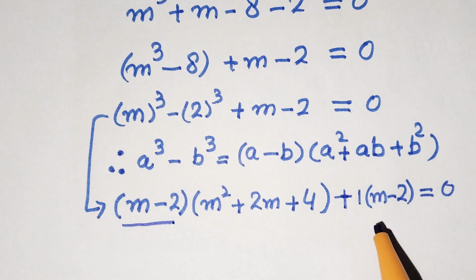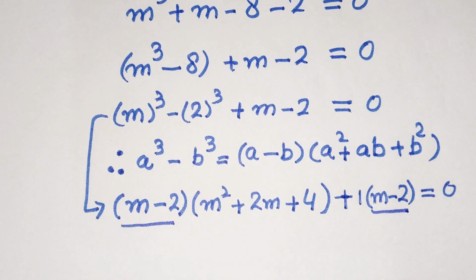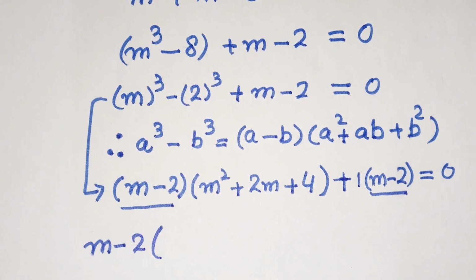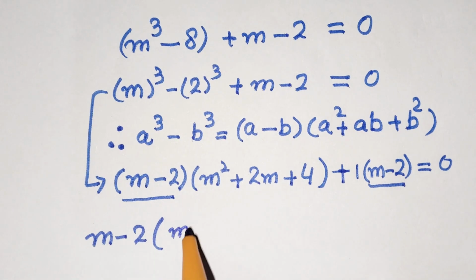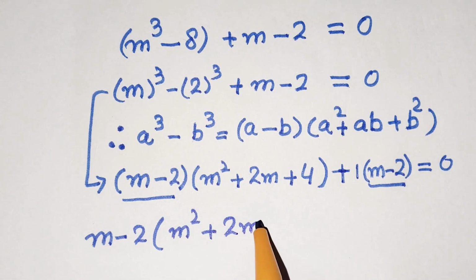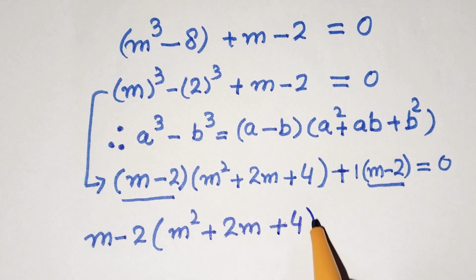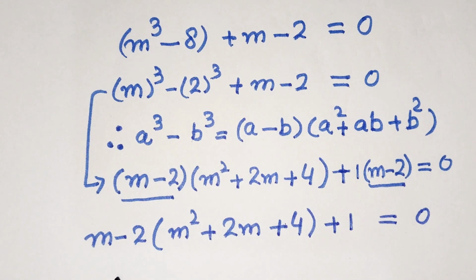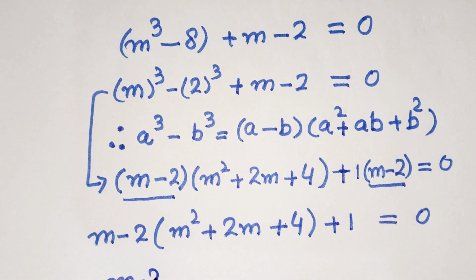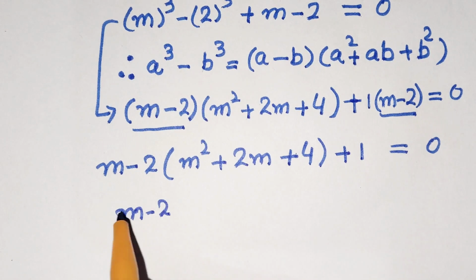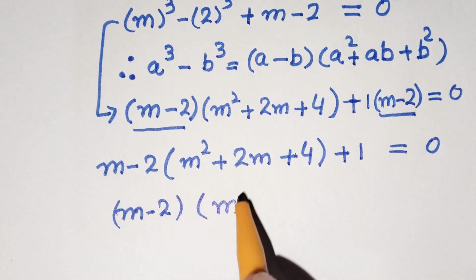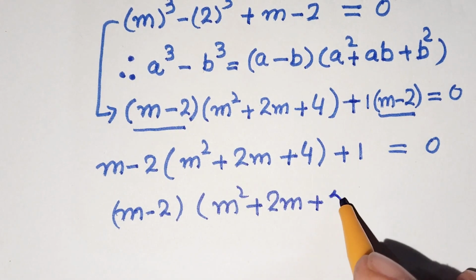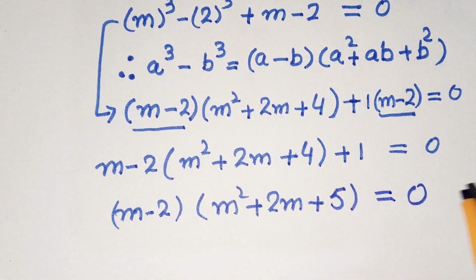Now we can see that m − 2 is common, so we are going to take m − 2 common. Then we get (m − 2)(m² + 2m + 4 + 1) = 0. So we can write it like this: (m − 2)(m² + 2m + 5) = 0.